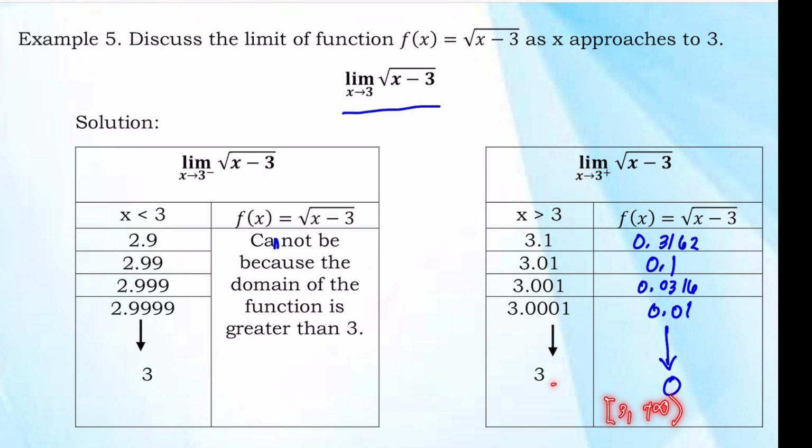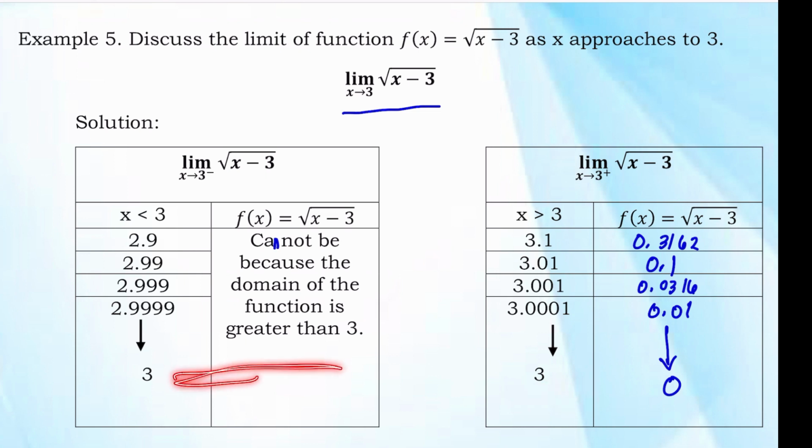So for x greater than 3, on the right side of 3, the function is defined. On the left side, it is not defined, in the interval from negative infinity to 3.